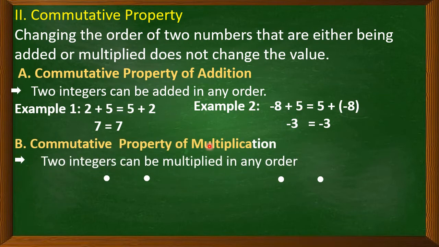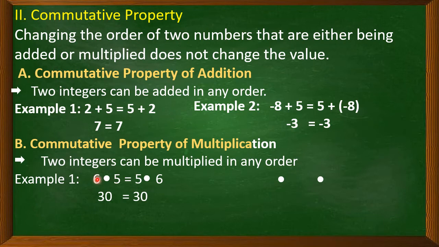We also have commutative property of multiplication. Two integers can be multiplied in any order. If we have 6 times 5, we can also have 5 times 6. In here, 6 is the first, while on the other hand, 5 is the first.